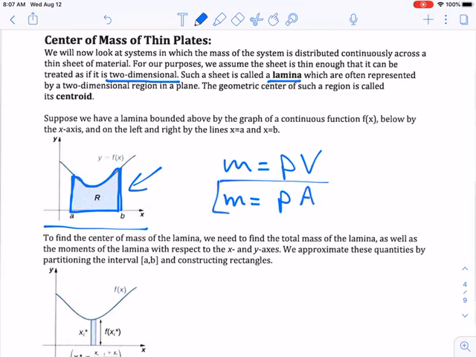We looked at that concept in some previous sections and some previous videos. So to find the center of mass of the lamina, we want to find the total mass of the lamina, as well as the moments of the lamina with respect to the x and the y axes.